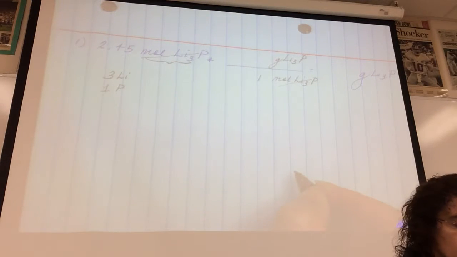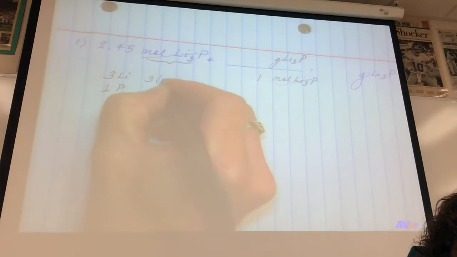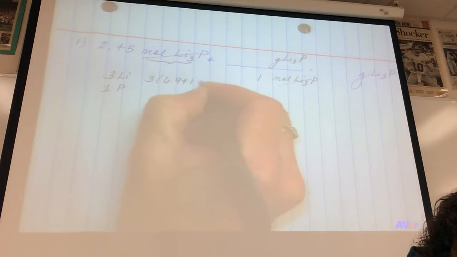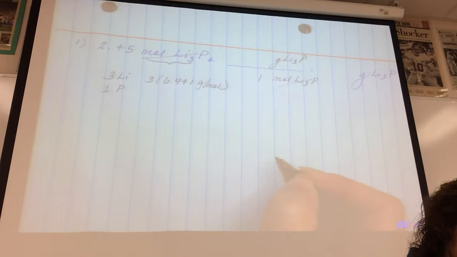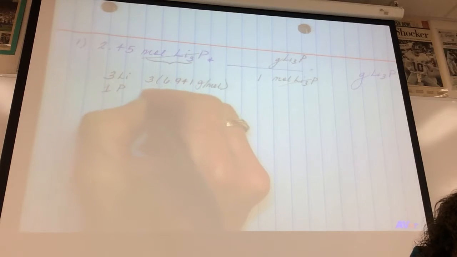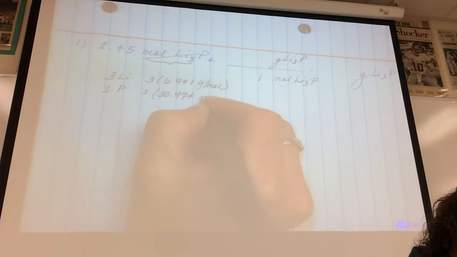We can get the formula mass using the periodic table. 3 times the molar mass of lithium off the periodic table. Instead of AMU, we use grams per mole. 1 phosphorus at 30.974 grams per mole.